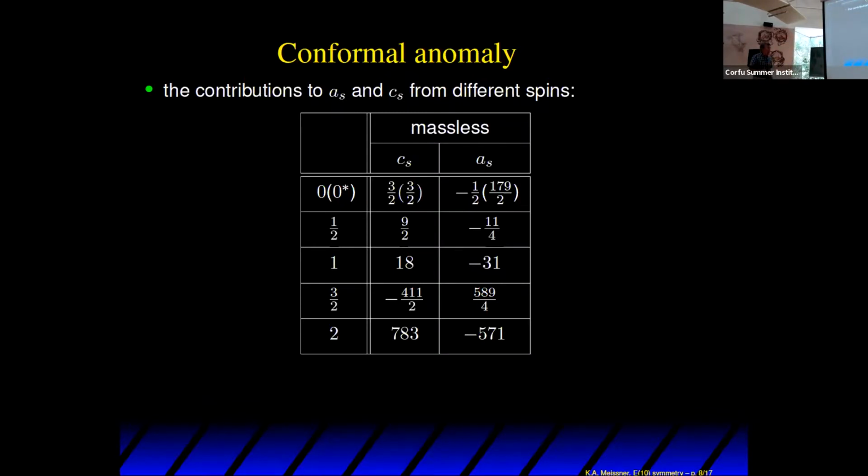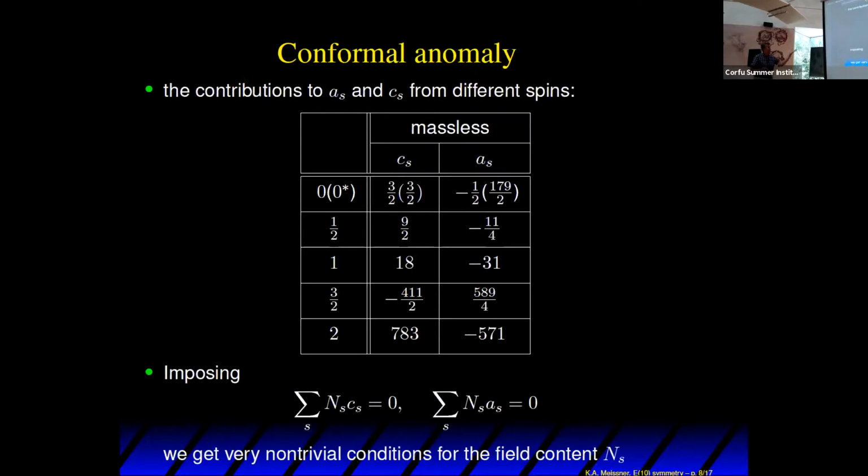But our requirement is that the anomaly should vanish. Therefore, we should find natural numbers, ns, n0, n1/2, n1, n3/2, and n2, so that the sum of the left column is 0 and the sum of the right column is 0. With these strange coefficients, it seems that some very large natural numbers should be needed to cancel them.